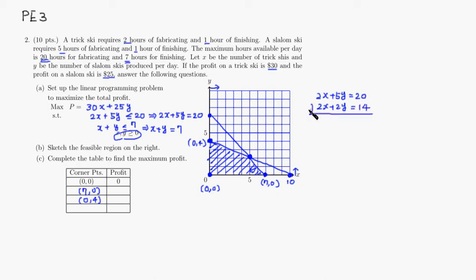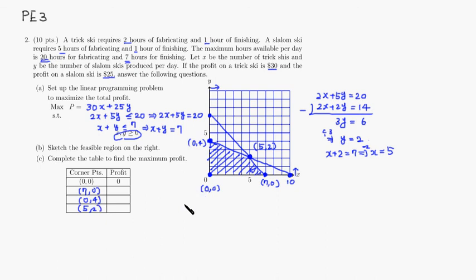Do the subtraction: 5y minus 2y is 3y, and 20 minus 14 is 6. Divide through by 3, so y is equal to 2. Then put y equals 2 back into the equation: x plus 2 is equal to 7, so subtracting 2, x equals 5. So it is indeed 5, 2.